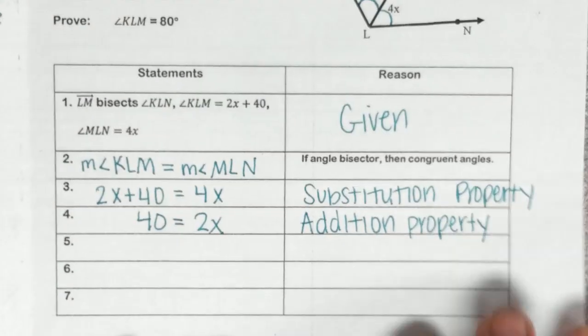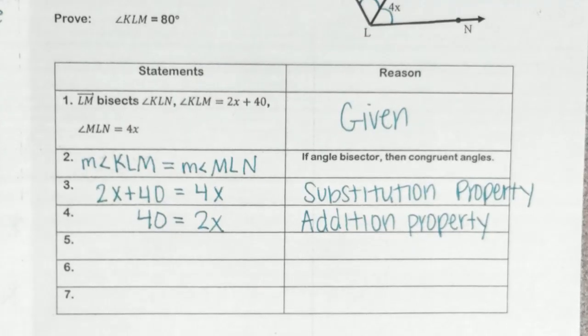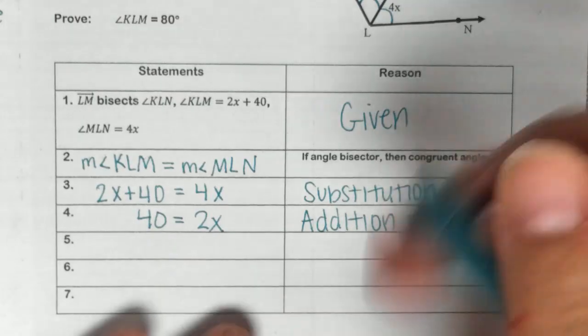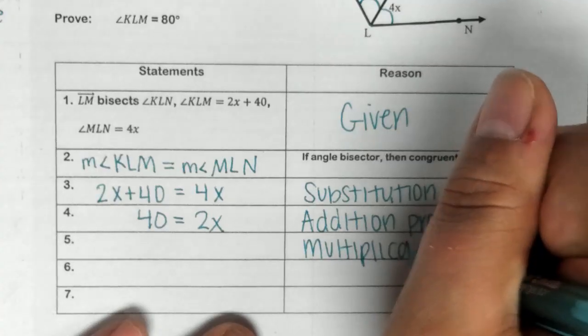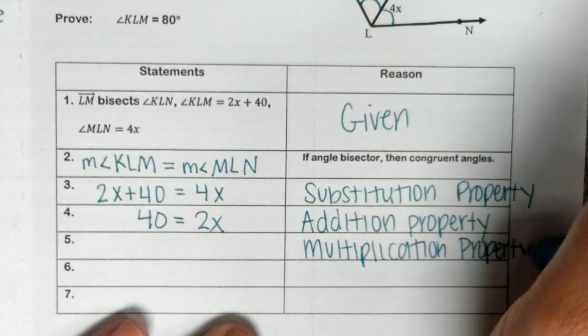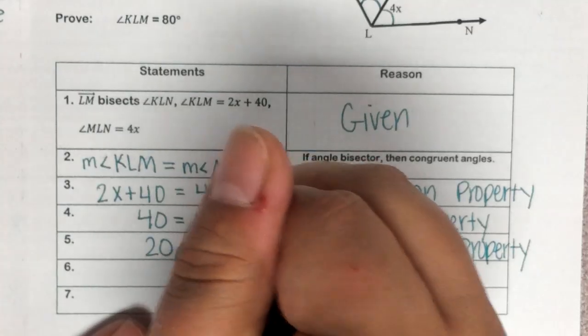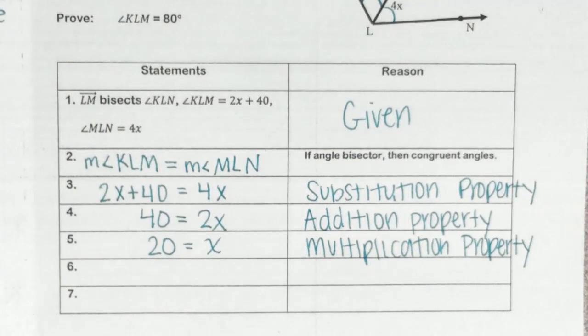So if I subtract 2x, I get 40 equals 2x. Then what am I going to do? Divide by 2, which is... Am I done?